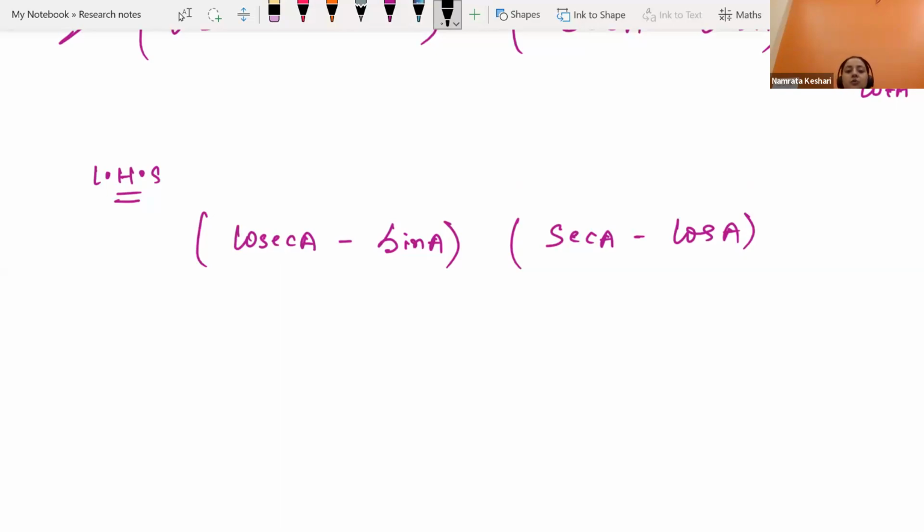Can we convert this cosec as a sine and this sec as a cos? Yes, we can. Are you thinking the same?